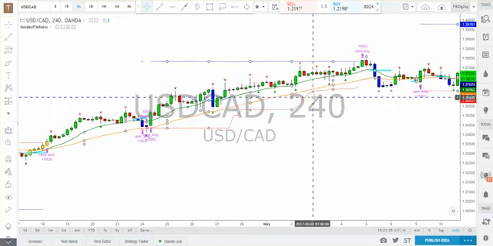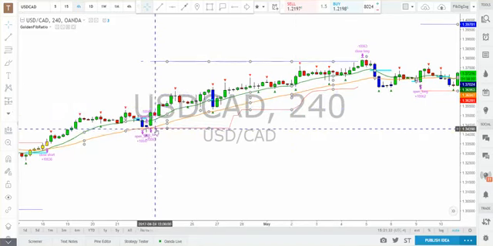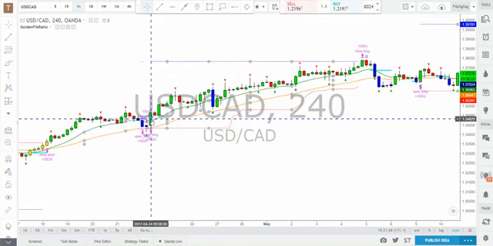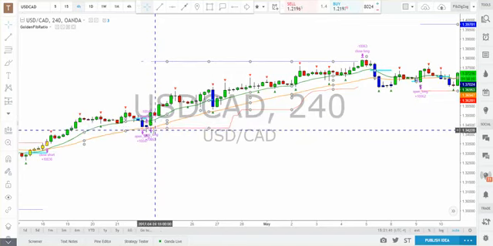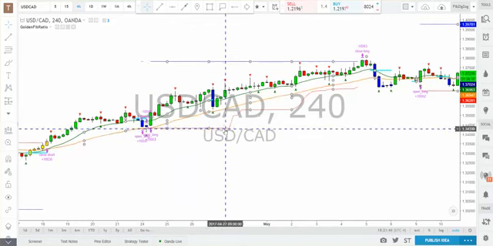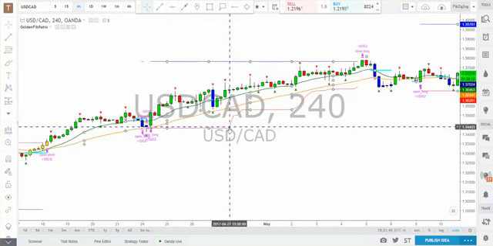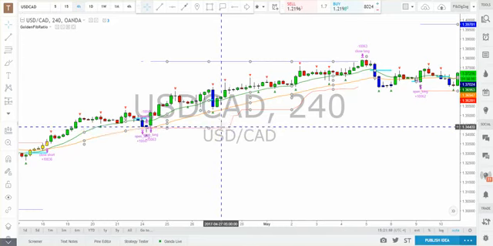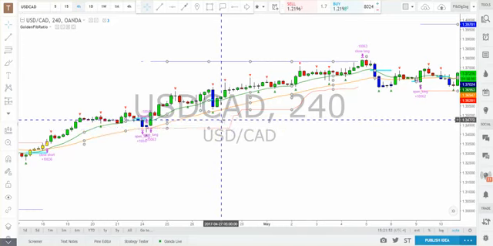See, it's ratcheting up. The way this works is as follows. As soon as we enter a trade, this initial stop will be kept for 20 bars. After the 20th bar, the initial stop is overridden by the lowest low of the last 20 bars.